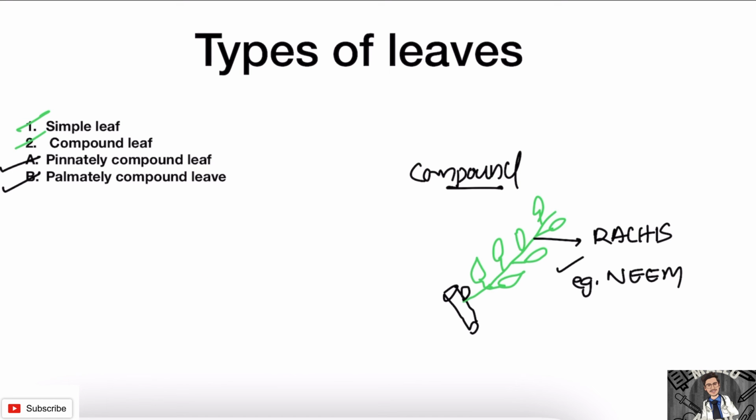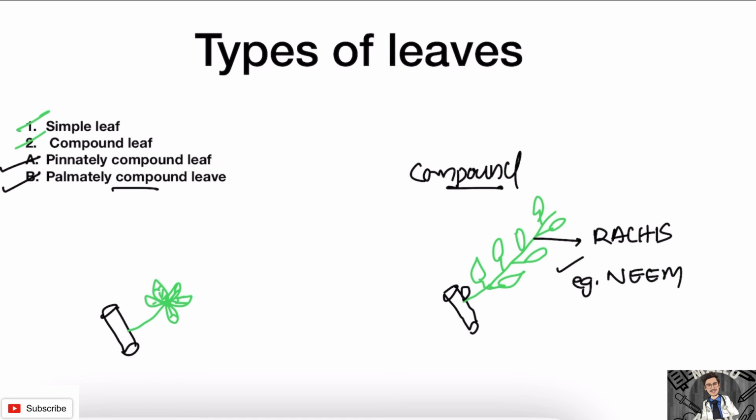So what do you understand by palmately compound leaf? Palmately compound leaf goes something like this. Here at the rachis, at a single point you have several leaflets. This is not a flower. These are several leaflets.